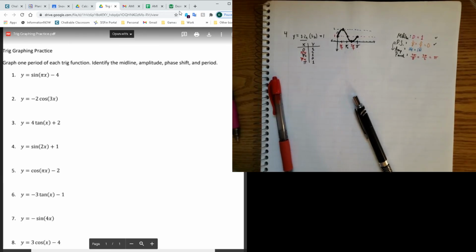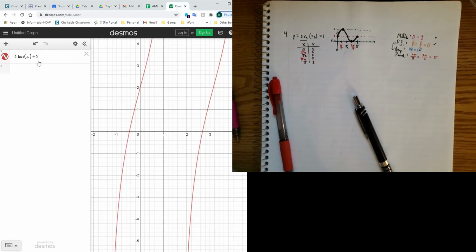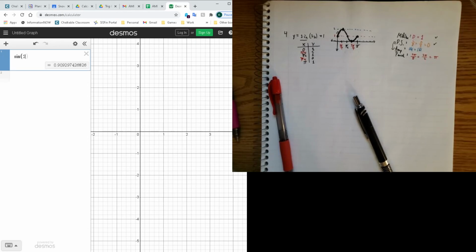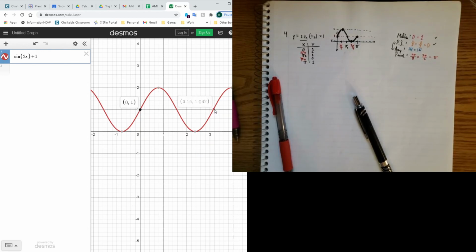I go back to Desmos. Let's type it in. My function was sine of 2x plus 1. Okay. Clearly it starts at 0, 1. It's going to end, if you can't tell, at, yep, that's 3.141.